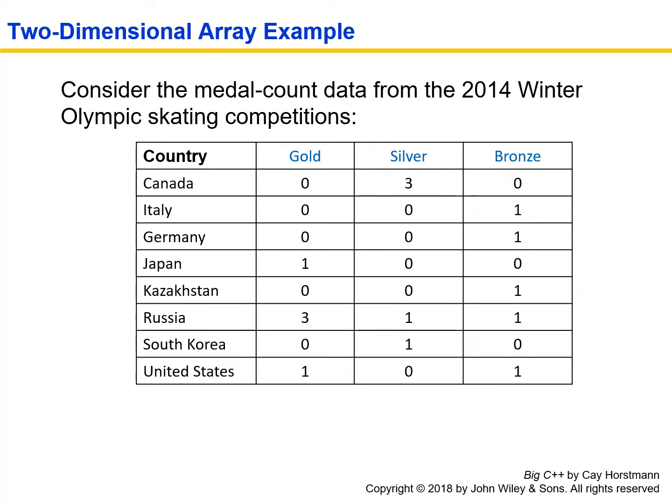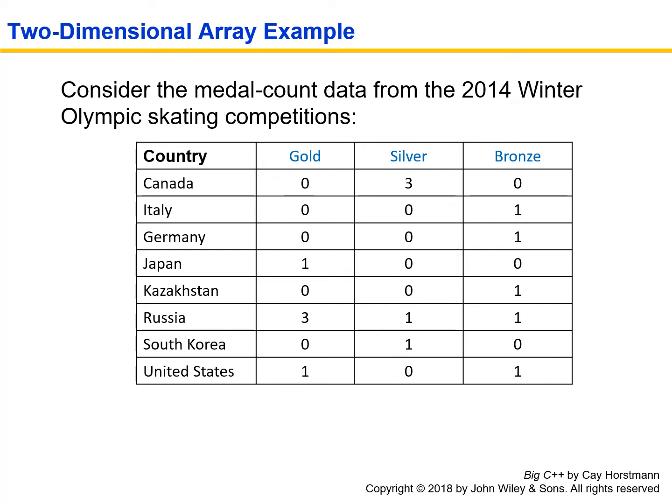Okay, one simple, if a little bit silly example that he uses is Olympic medals. We know we have three kinds of medals: gold, silver, and bronze, and we have, say, in this case, 8 countries that competed in the Olympic skating competition that won at least one medal.